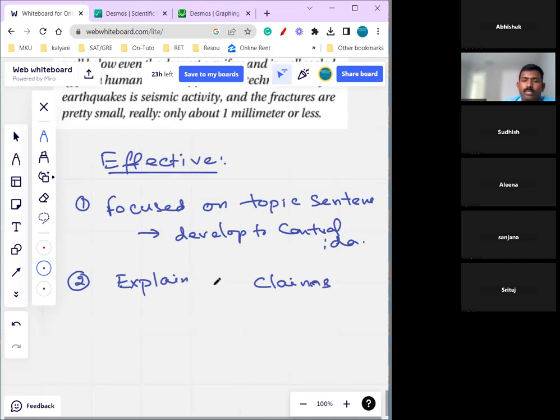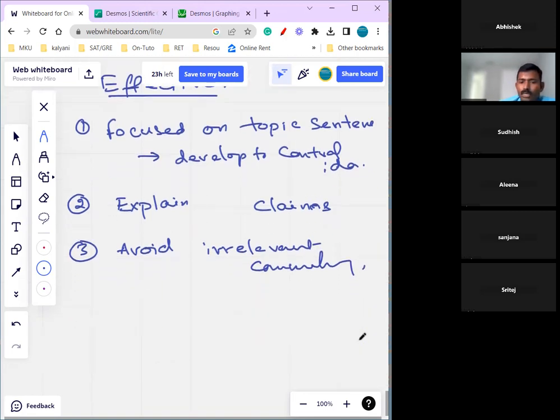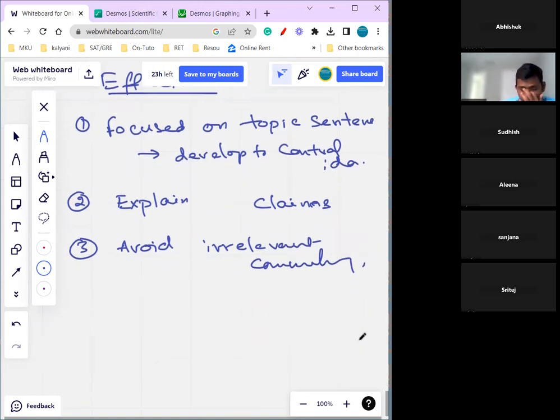It should explain or illustrate any significant claims, and should avoid irrelevant commentary. It should avoid any irrelevant commentary, and also it should maintain a consistent or appropriate tone.